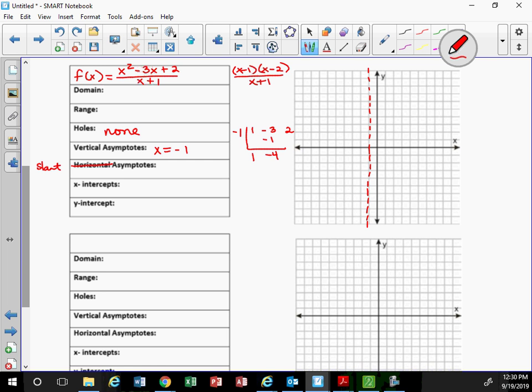I can stop there. I don't have to find the remainder. The remainder is insignificant when we go to graph the slant asymptote. And this is just y equals x minus 4. That is the equation of my slant asymptote.